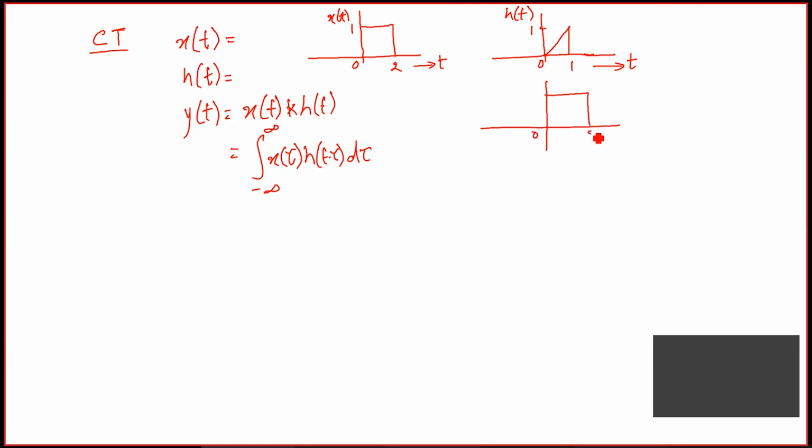This is basically 0 and 2, your x of t, or if it is tau, this will be tau, and if we just flip your h, we write h of minus tau. So this will become something like this. Now if we start shifting, it will keep going.